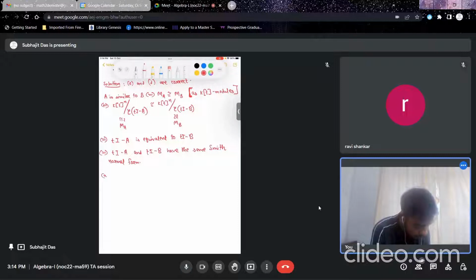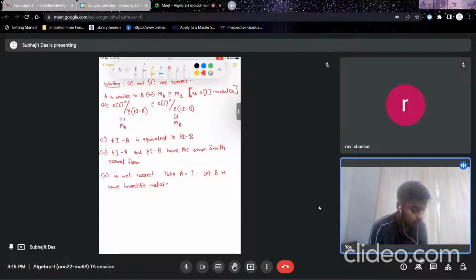So option A is not correct. Why? Because take the matrix A to be the identity matrix. Let B be some invertible matrix. By the way, I am assuming that A and B are square matrices of the same order.